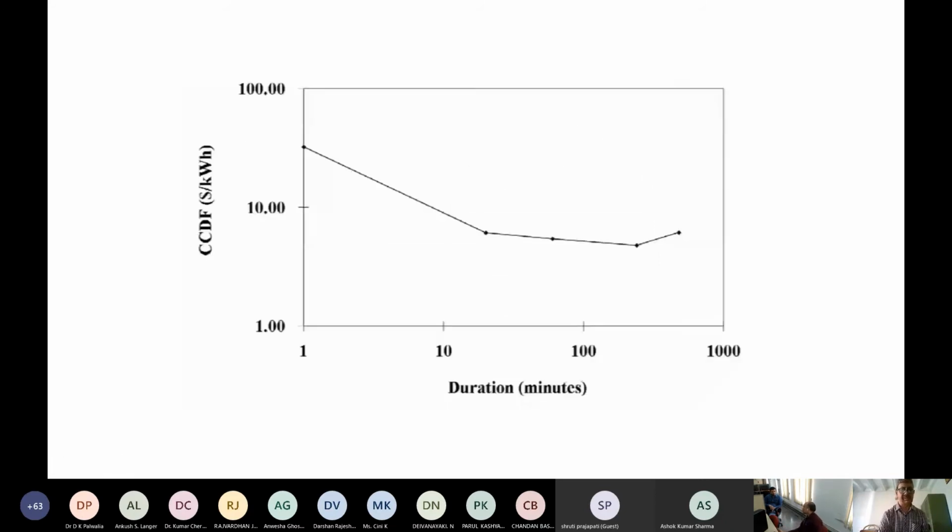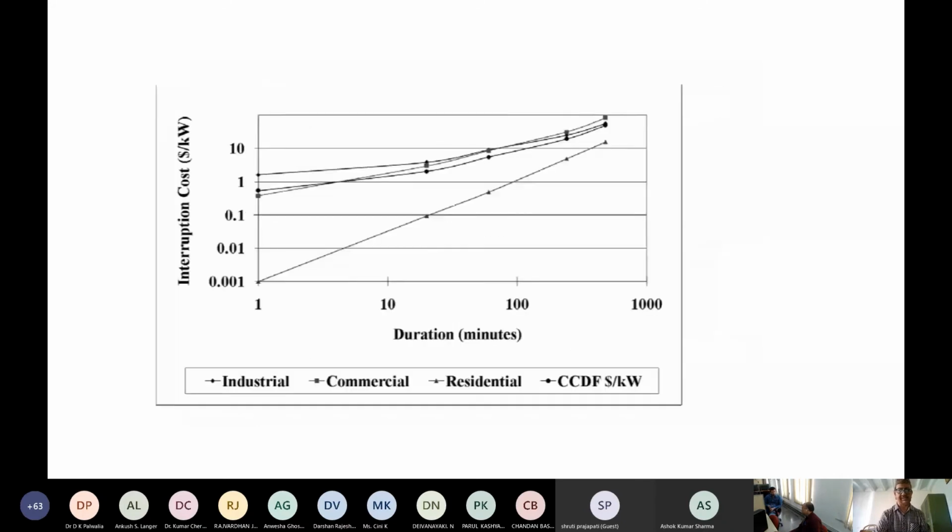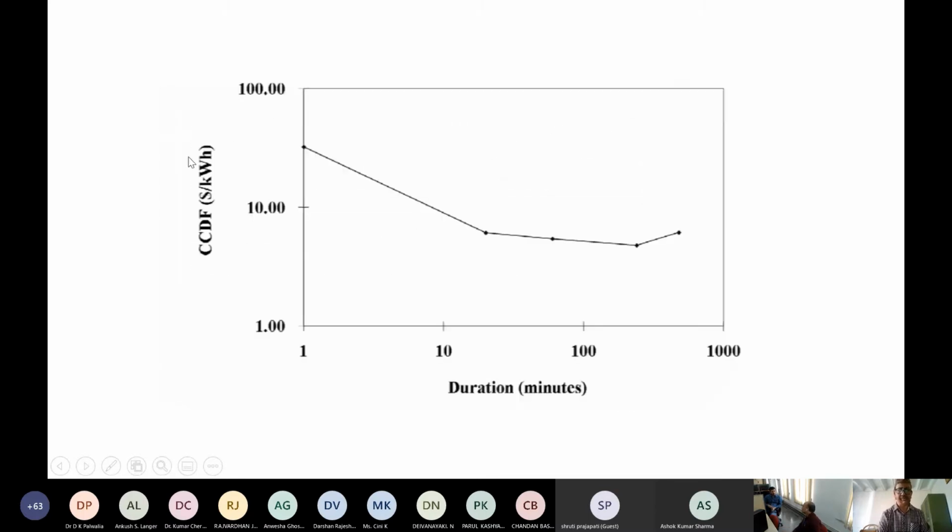So again, this is CCDF in dollar per kilowatt hour: the interruption cost divided by annual energy consumption. This gives us CCDF in dollar per kilowatt hour. And this is interruption cost divided by annual peak demand. So this gives dollar per kilowatt.